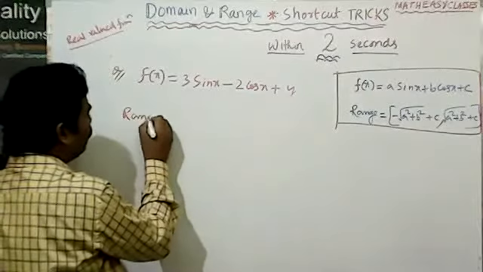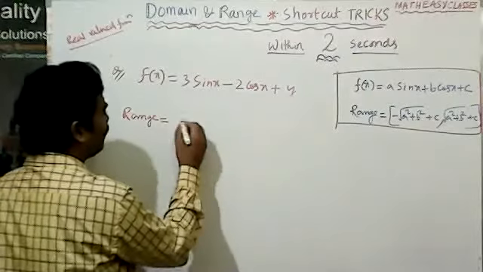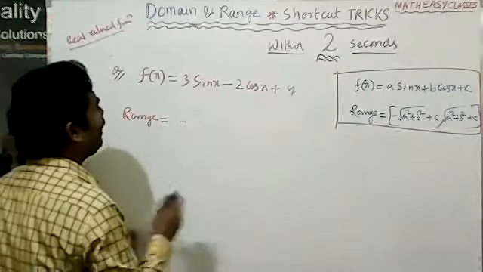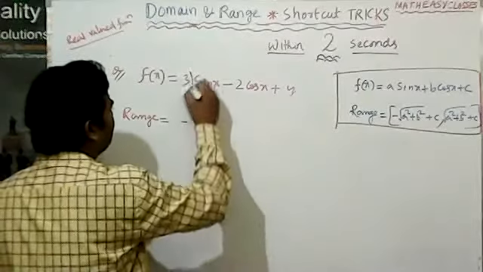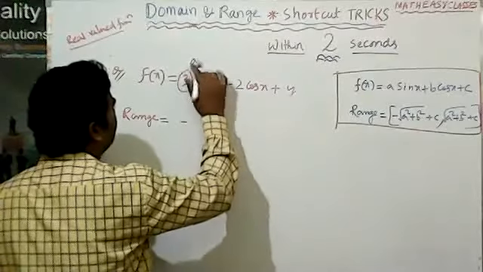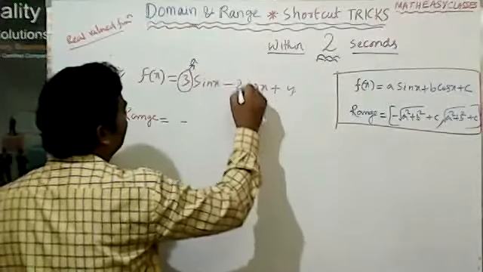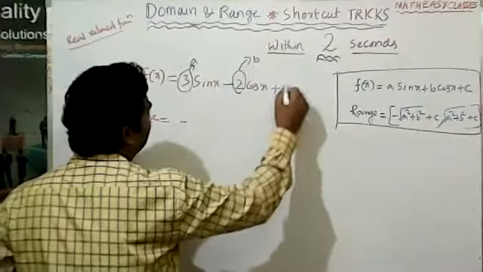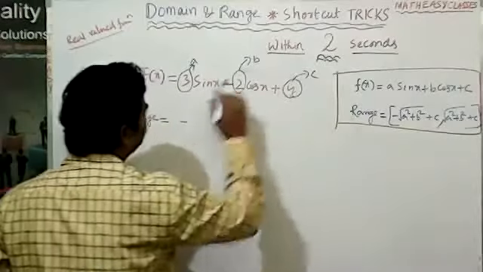That means what is the range? Here 3 is a, minus 2 is b, and 4 is c.